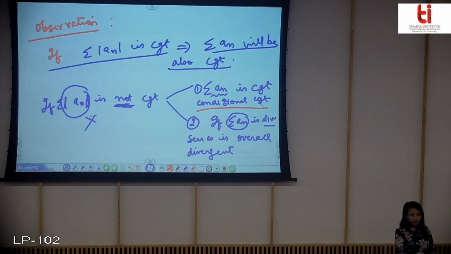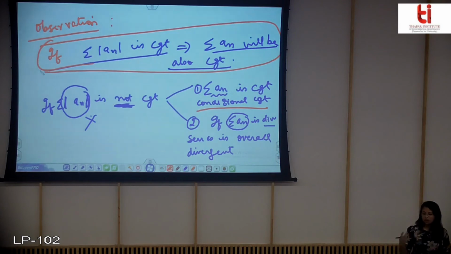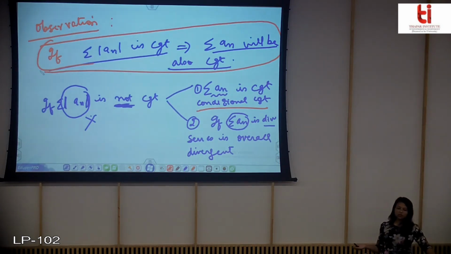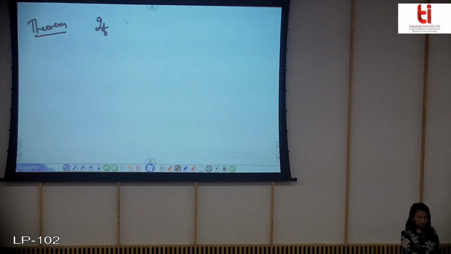Now we are going to prove that if the mod series is convergent, the alternating series is automatically convergent. So let us prove this. The proof is simple. This is called the absolute convergence test.